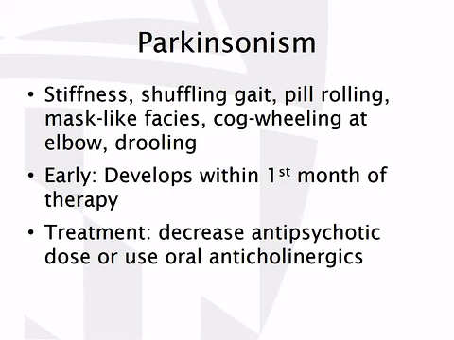Parkinsonism is kind of like pseudo Parkinson's. This looks like what you would see in a patient with Parkinson's disease. They're stiff, they've got a shuffling gait. They've just kind of got that Parkinson's-like picture. Basically, this is because these drugs block dopamine in the striatum, and that causes an imbalance of dopamine and acetylcholine activity. Again, this develops early on, usually within the first month of therapy. The treatment is to either decrease your antipsychotic dose.